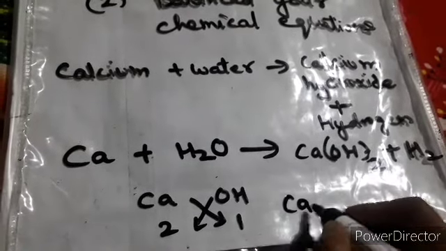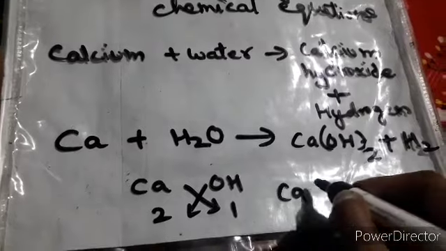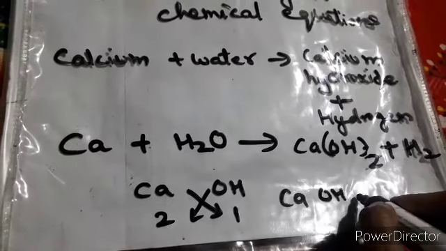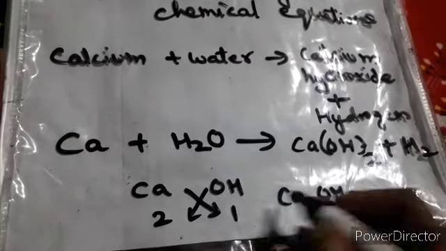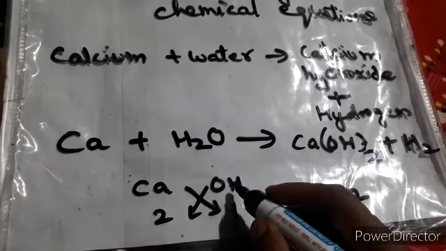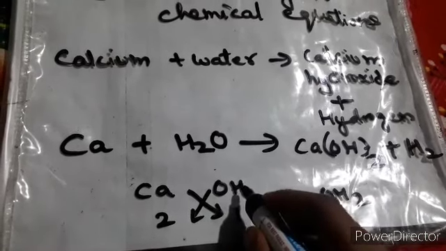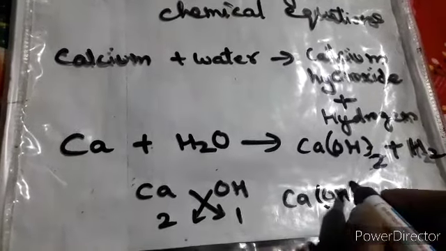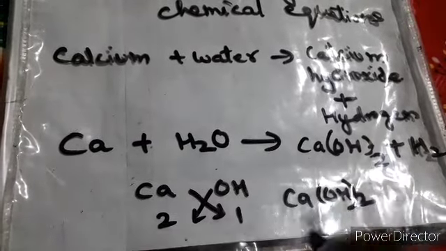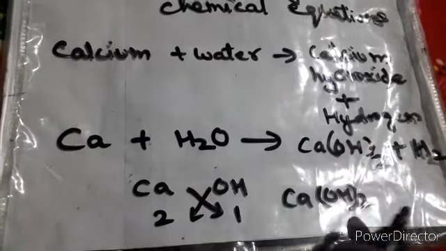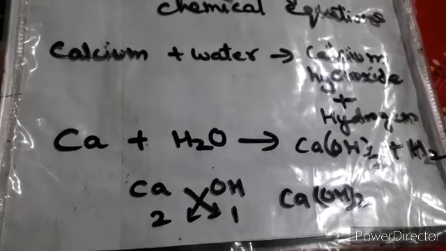Like calcium it is 1, so no need to write down 1. OH is twice, so don't put 2 over here. It is whole, the 2 is for oxygen also and for hydrogen also. So put it in parentheses, and this way you will get Ca(OH)2. Now you know how to write down calcium hydroxide.